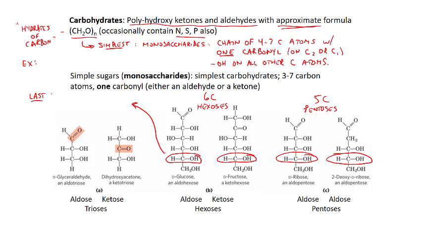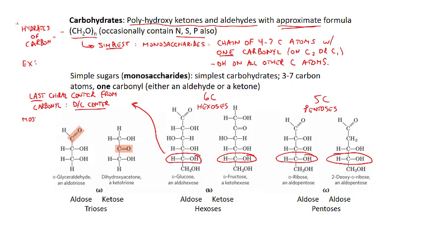So the last chiral center, that farthest away from the carbonyl, it's called the DL center. Why is it called D or L? Well, it's by comparison to glyceraldehyde, which is a molecule that also has a chiral center. One form is called the D form, one form is called the L form.